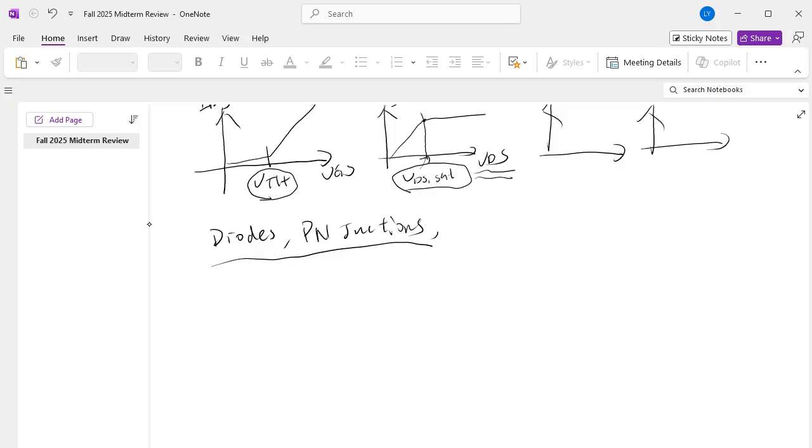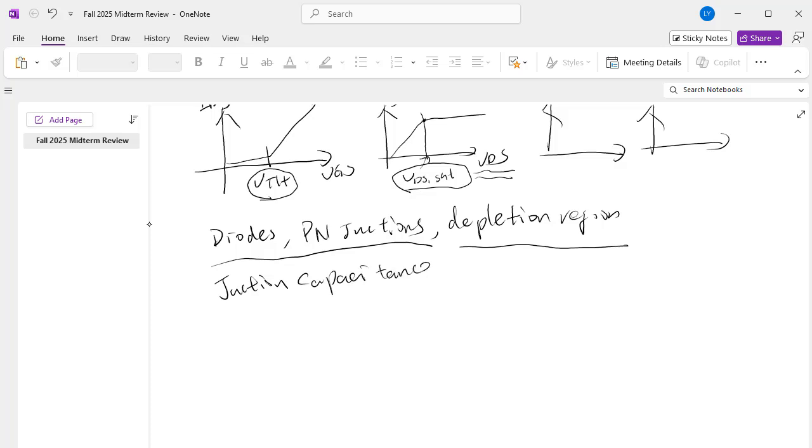The depletion region, and the junction capacitance, and the diode clamping circuit. So you can find all this information from the lecture notes, okay?